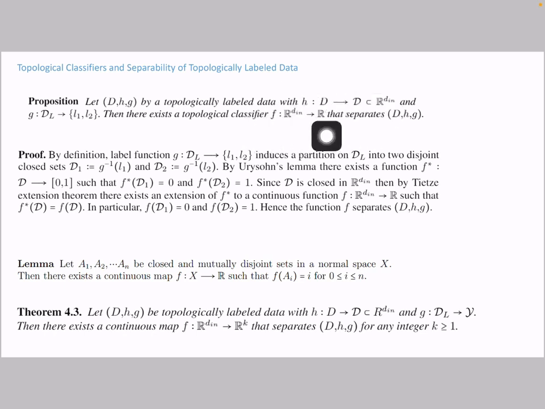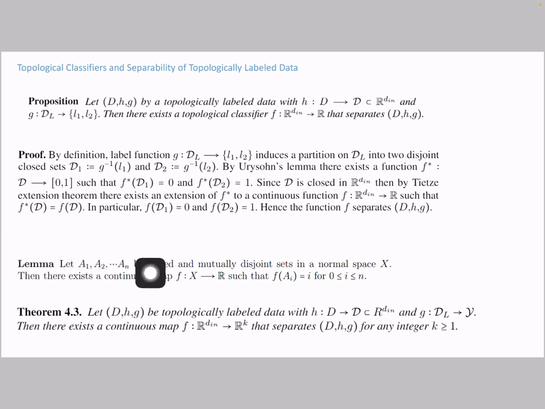And it's not difficult to extend this to find a function from R^dn to R^k for any k. So the separability on R actually guarantees the separability for any dimension k. And you can also extend this if you have n labels, which is again an extension of Urysohn's lemma to n labels.